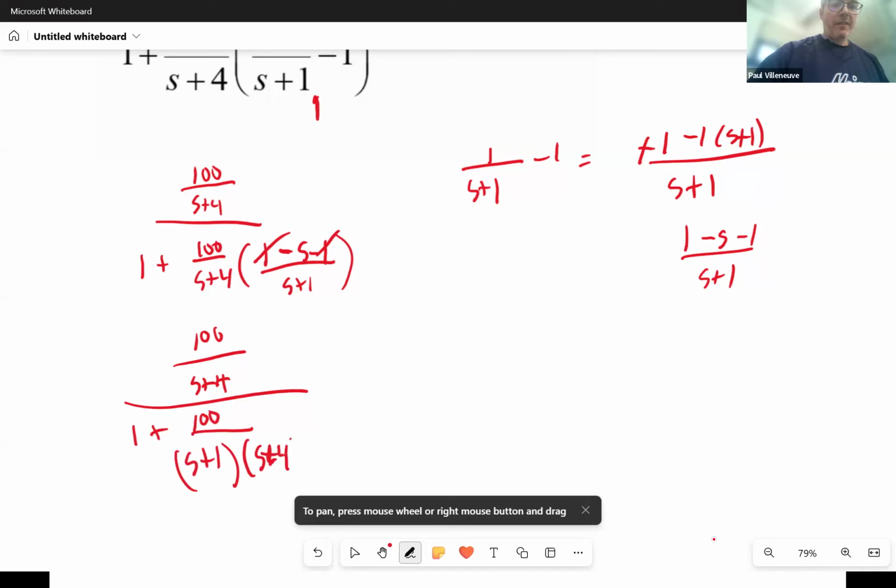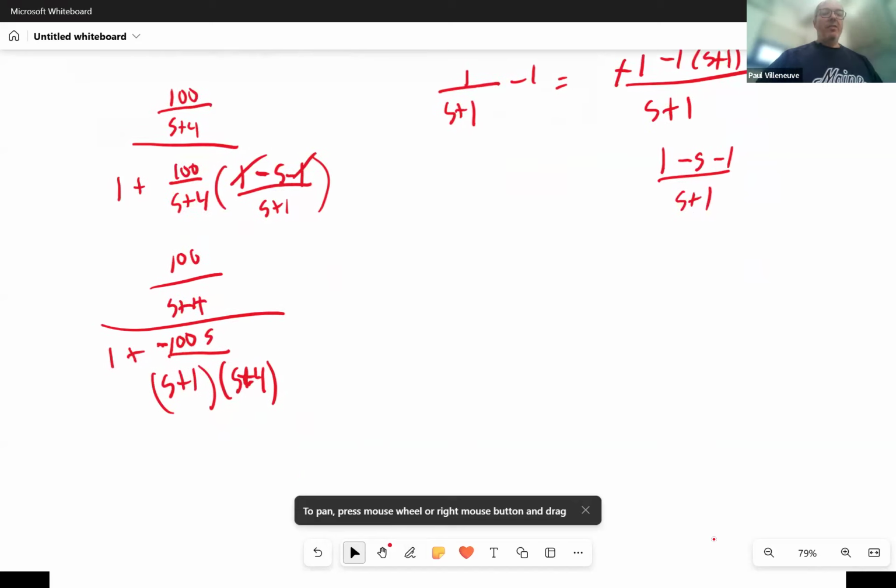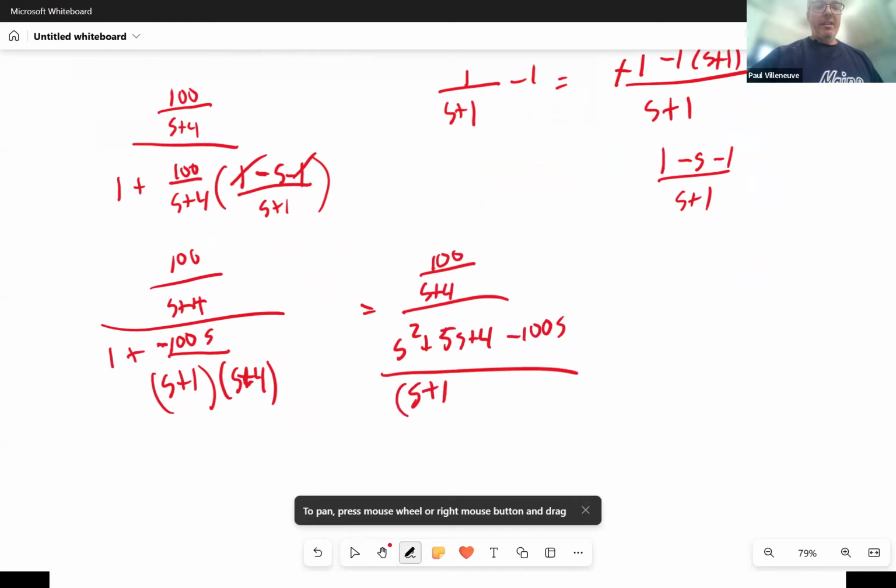So let me write that over here. S plus 4. And I have a -100S up there, right? Because when I multiply those terms, I get that. Now I'm going to go ahead and do another common denominator. 100 over S plus 4 all over S squared plus 5S plus 4 minus 100S all over S plus 1 times S plus 4. Everybody see that? All I did was multiply.